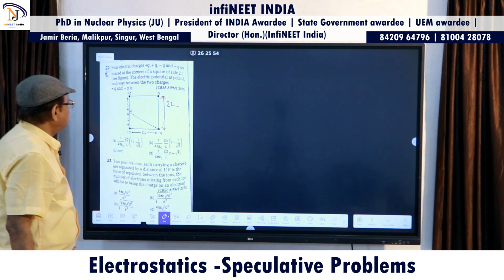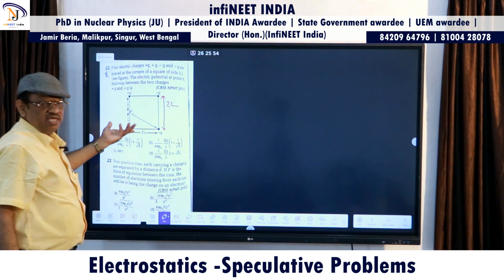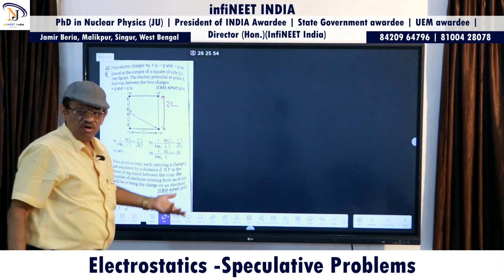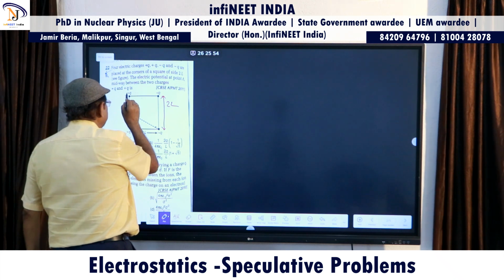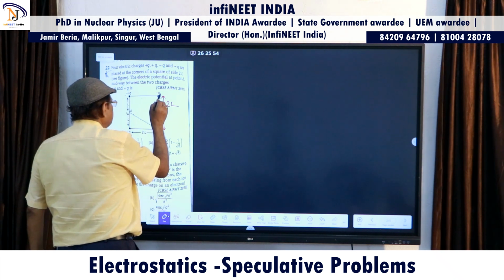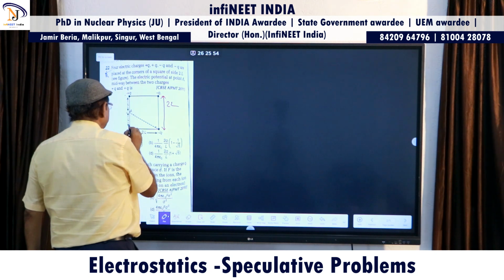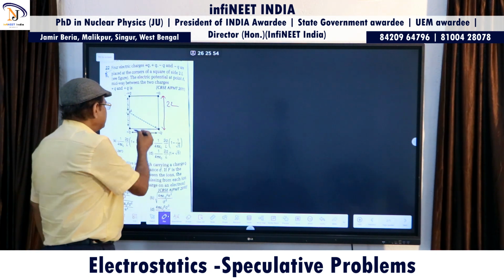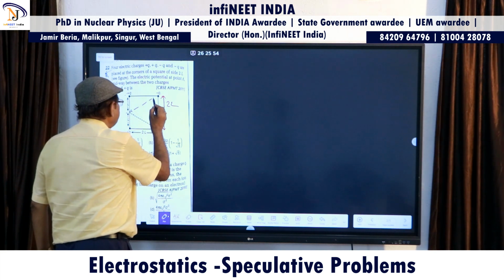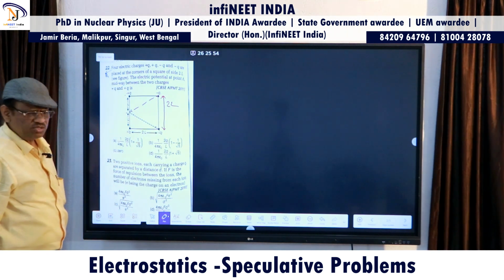Electric potential at A is very easy. Potential at A means due to each of the charges. These are only the four. As this is connected, similarly this will also be connected in this way.